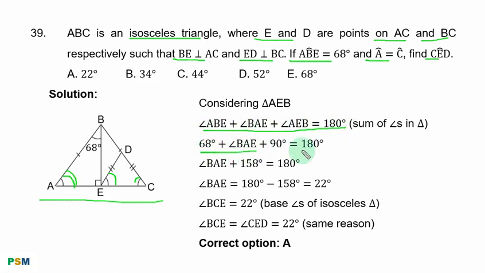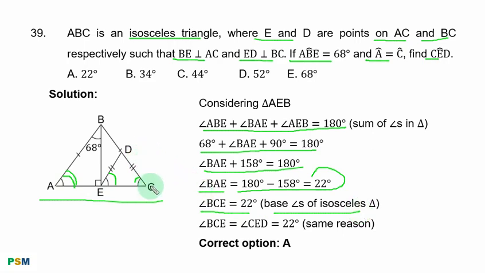You have it in this form. After addition, you have this result. Angle BAE becomes this 22 degrees. Angle BCE, this angle is equal to this angle, 22 degrees. You have the reason.